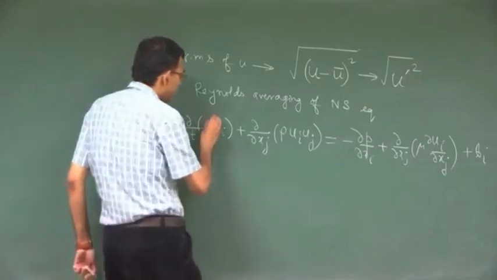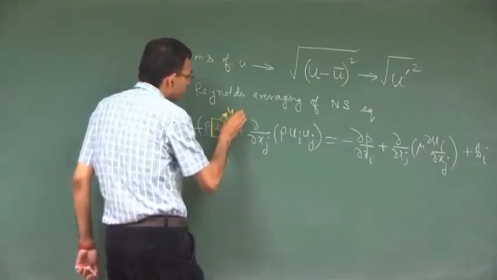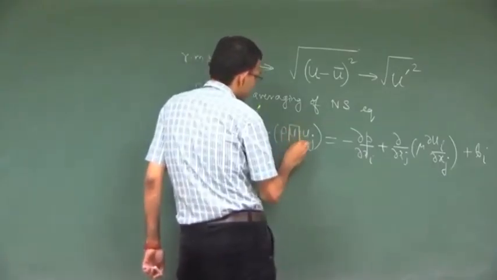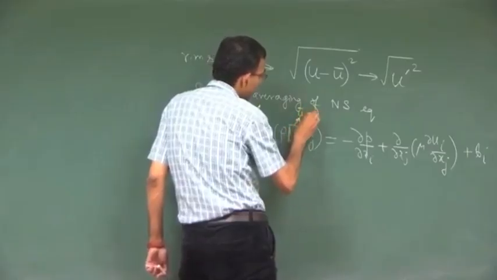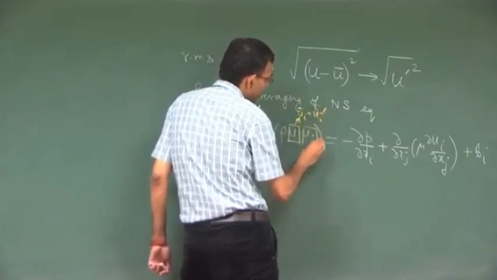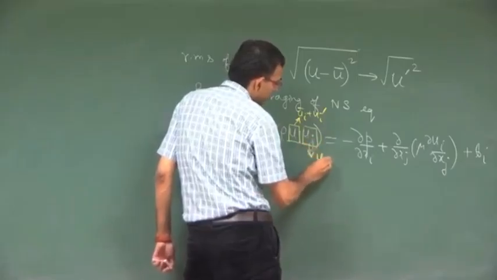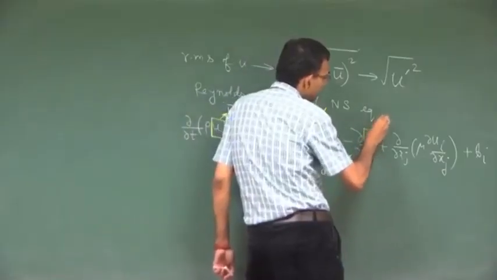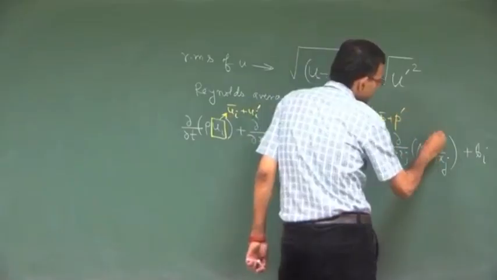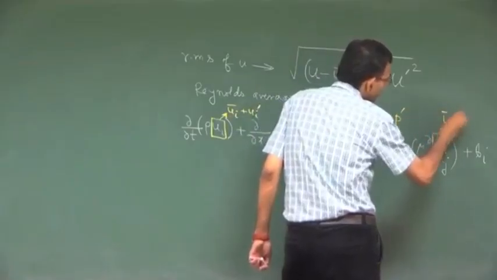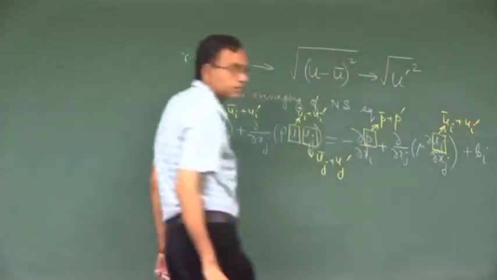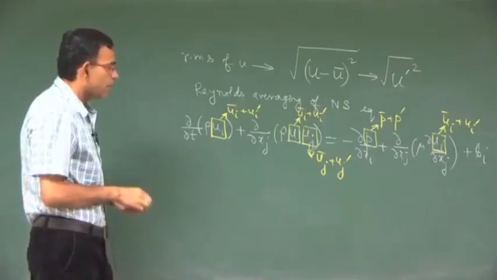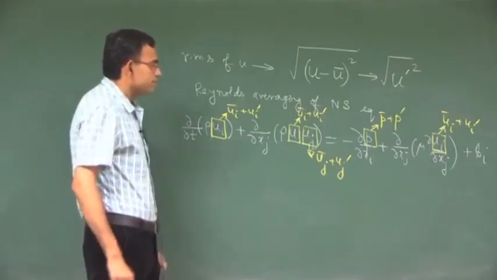So, what we do is we break this up into ui bar plus ui prime, uj bar plus uj prime, p bar plus p prime, and again ui bar plus ui prime.